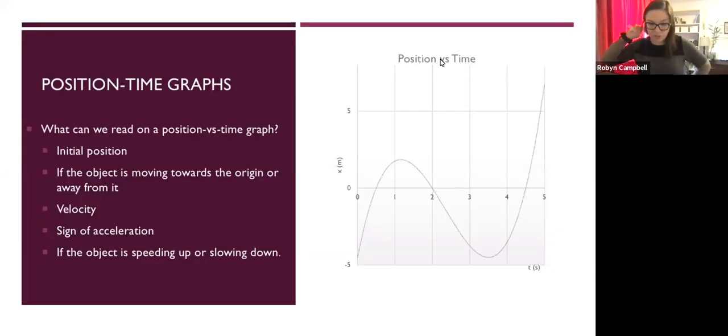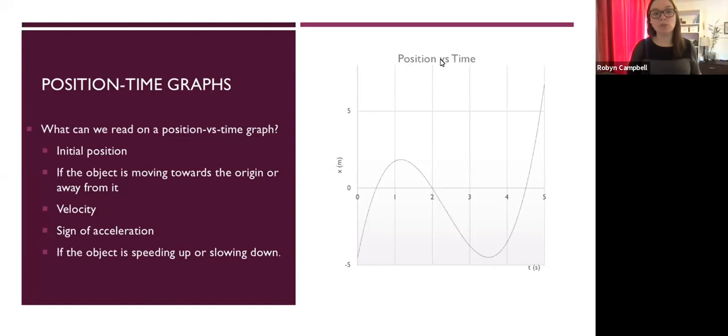Okay, so let's start with just an overview of a position time graph, right? This should be old hat for you. You've done this before, but just a note of what we can get from a position time graph. Of course we can find the initial position, right? That's obviously just going to be the y-intercept of the position time graph. We can tell, is the object moving towards the origin?